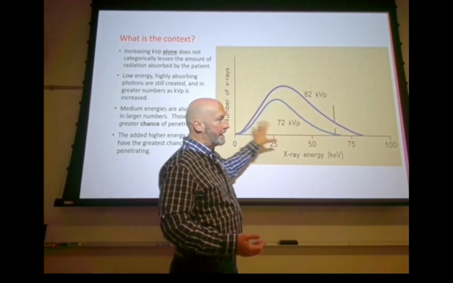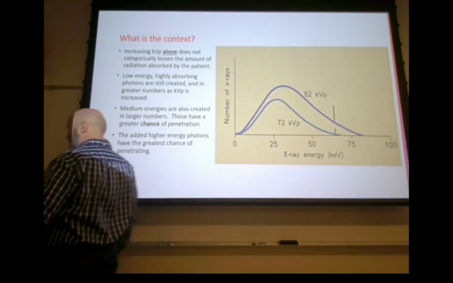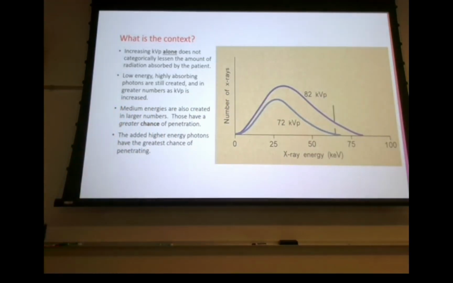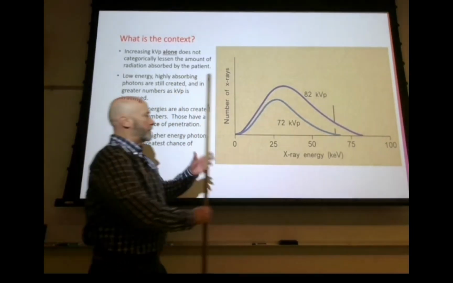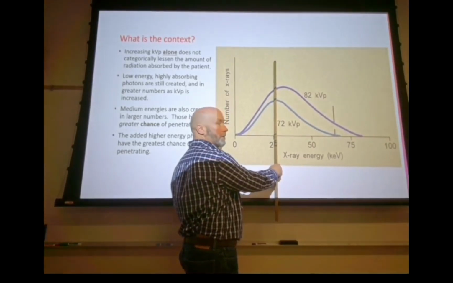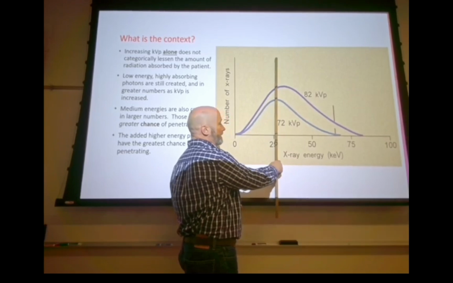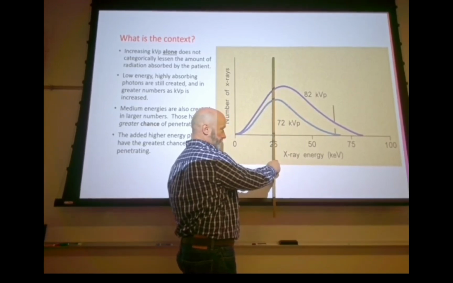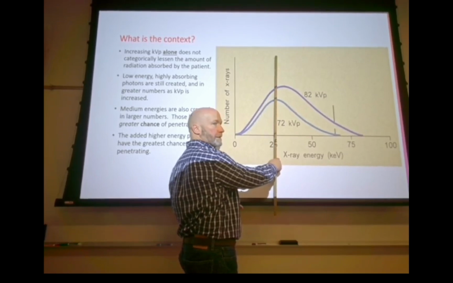Again, if we divide this out and say everything below 25 kVp is absorbed only, then when we change from 72 kVp to 82 kVp, what happened to absorption in the patient?